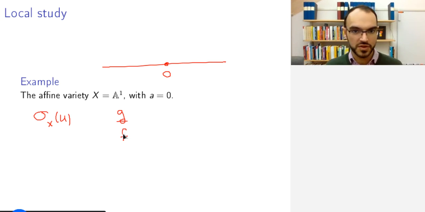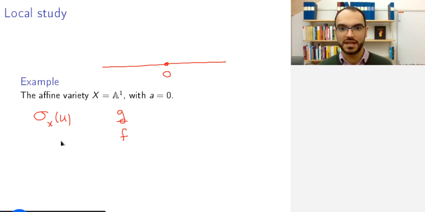If f vanishes at any other point, you can just exclude that point. So f is a polynomial in one variable, so it will only vanish at a finite number of points. Of course, it cannot be identically the 0 polynomial. And so you just remove these points and you get rational functions that do not vanish at 0. That is the moral of the story.